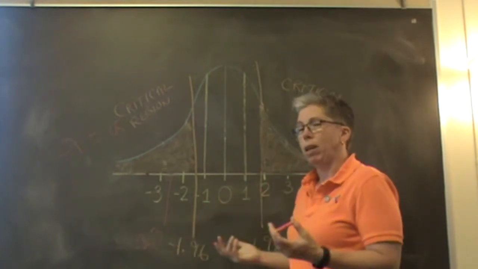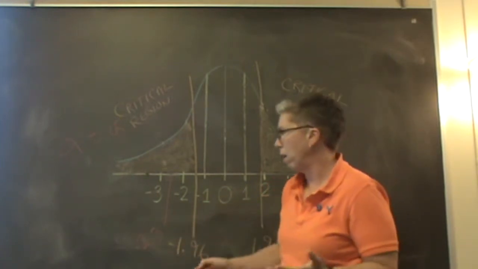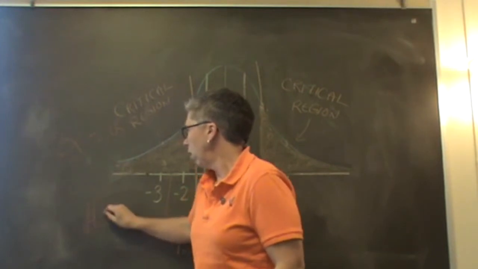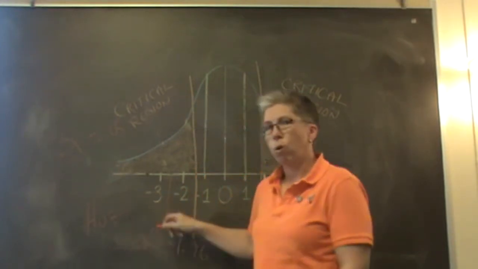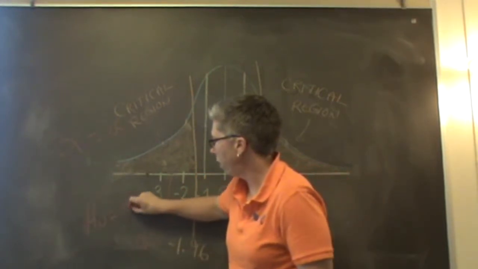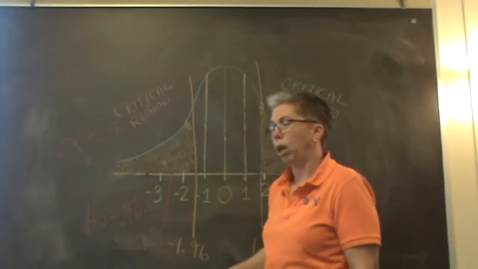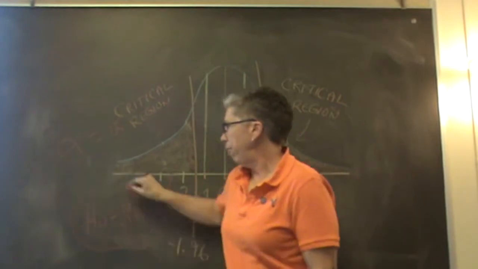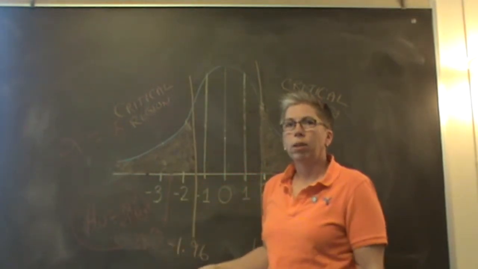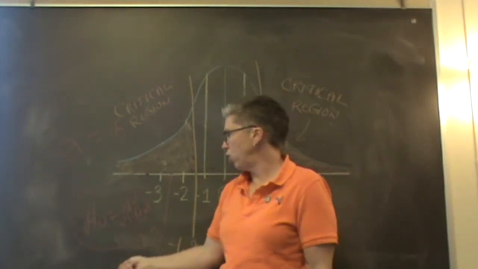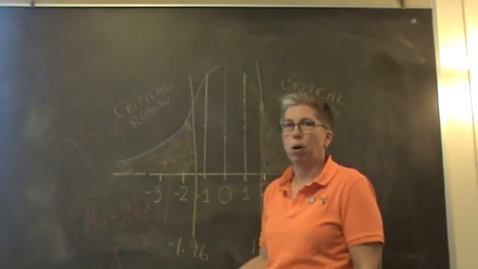So what's left is, if we're looking at our null hypothesis, that our null is that there's no effect, or that our means are actually equal in the population. That's not likely true. And so we would make the decision to reject the null hypothesis.